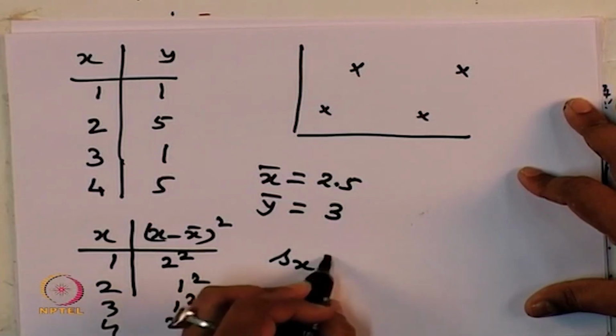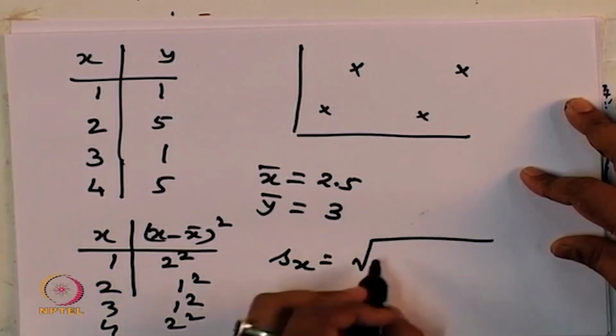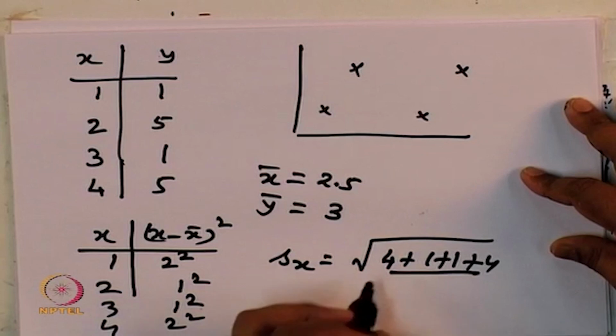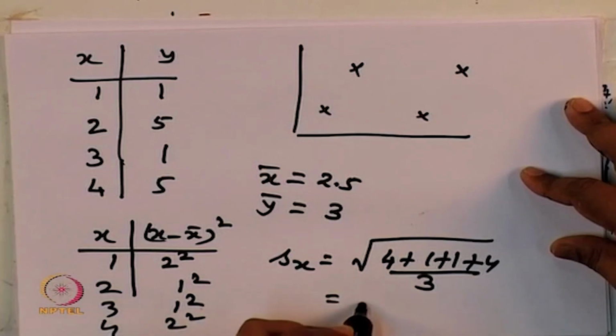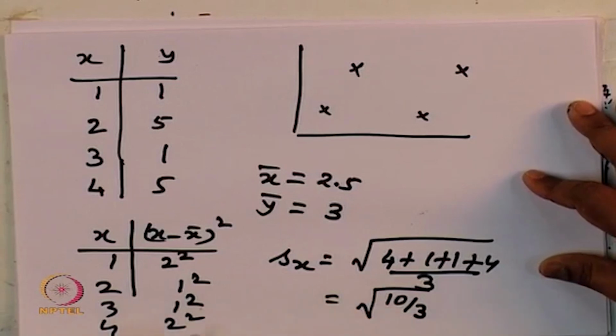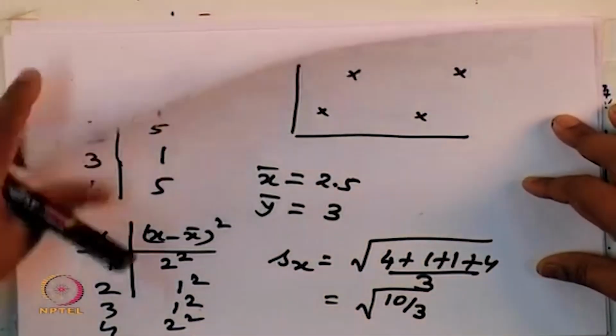So, Sx should give me a value of root of (4 plus 1 plus 1 plus 4) by n minus 1, which is 3, equal to root of 10 by 3. Okay. Sx is root of 10 by 3.